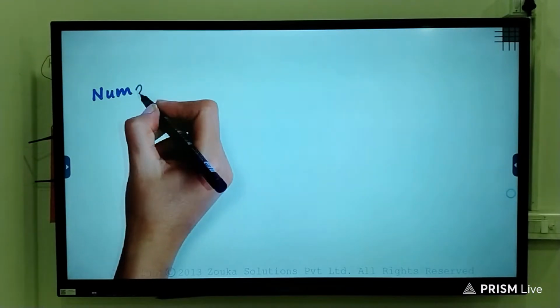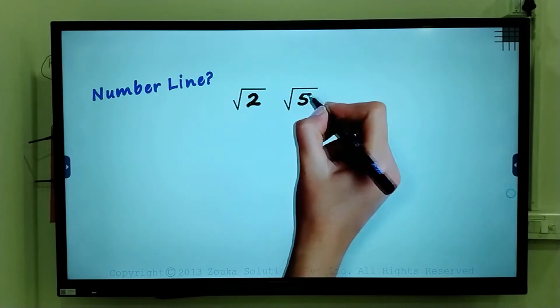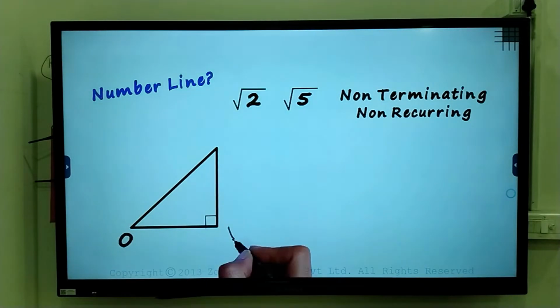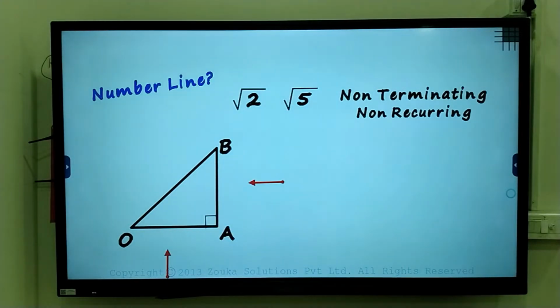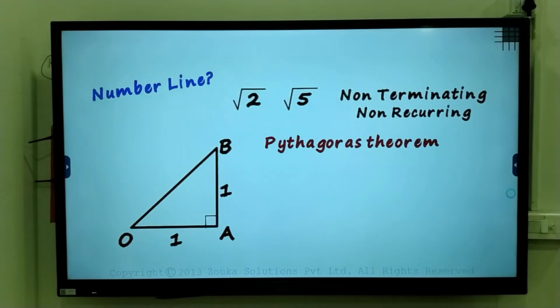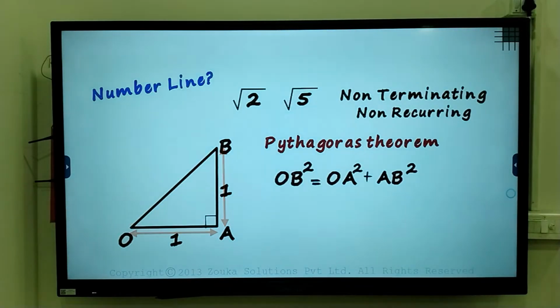How do we represent irrational numbers on a number line? Numbers like root 2, root 5 are non-terminating and non-recurring. It means that we cannot calculate its numerical value and plot it. It's not difficult at all if you understand just one simple concept. Consider a right triangle OAB. Let these two sides be equal to 1. Since this is a right triangle, we can use the Pythagoras theorem. In this triangle, OB squared will equal OA squared plus AB squared.